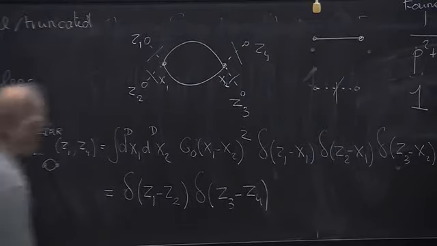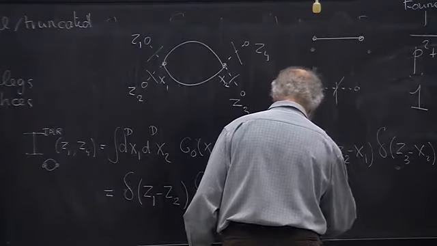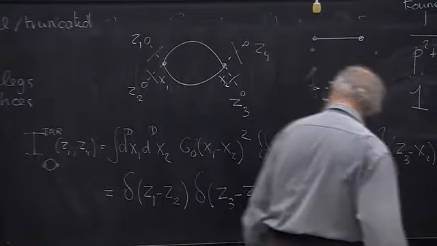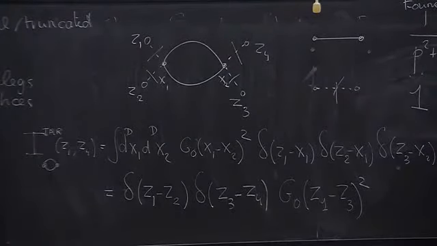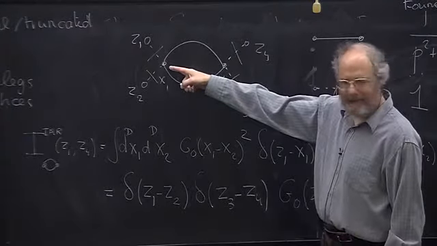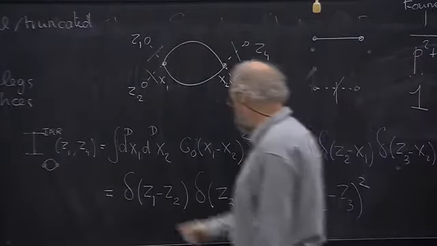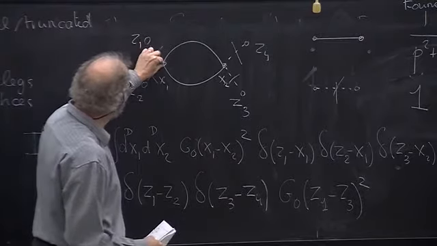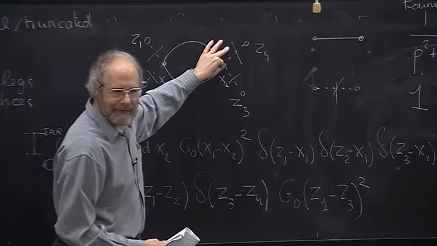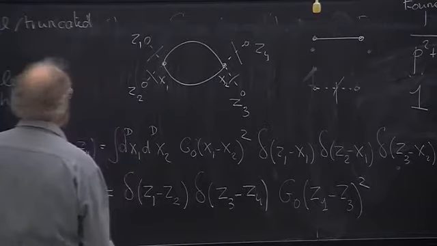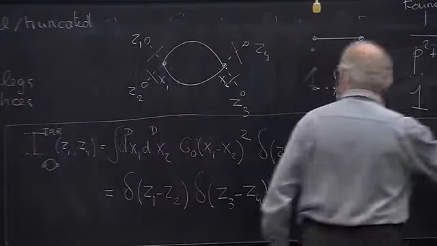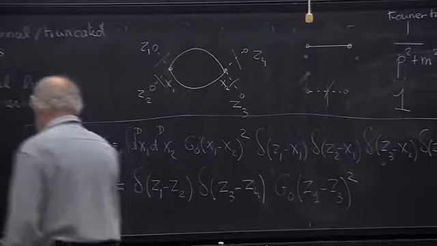And then you get g naught of z1 minus z3 squared. So the amplitude of this irreducible diagram is just products of delta functions times the propagator. So these 2 points have to be there, and these 2 points have to be there. So this is a representation of this diagram in position space.